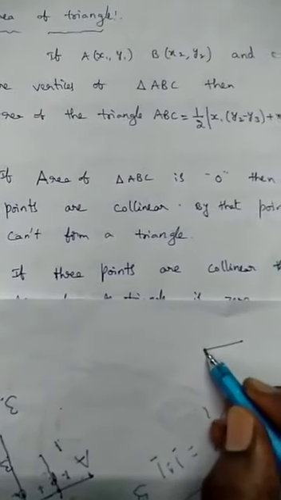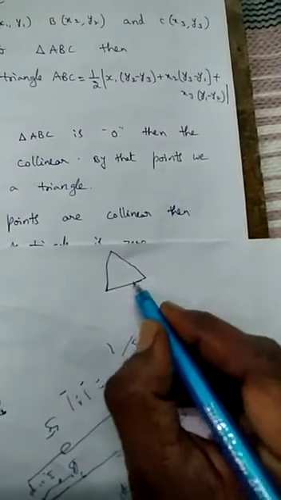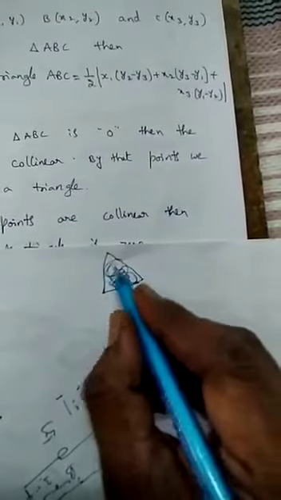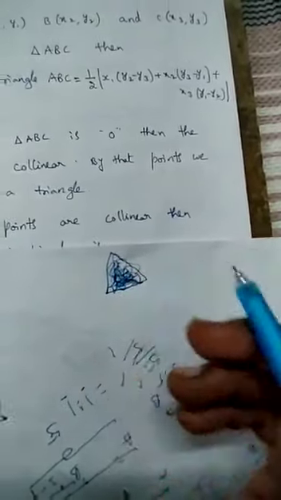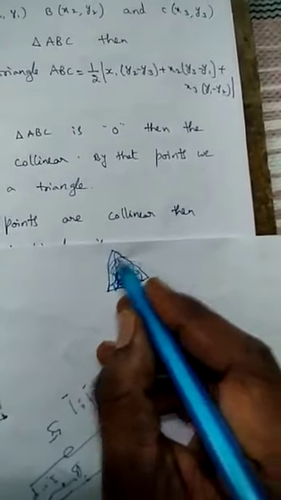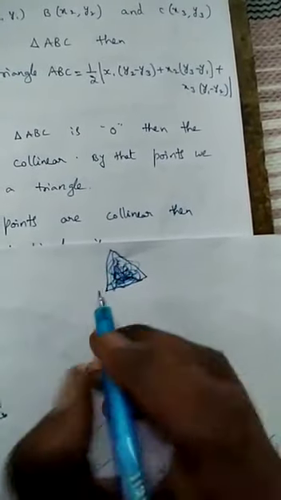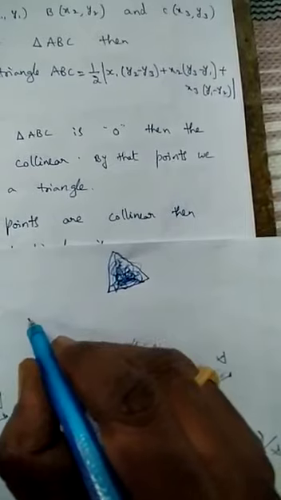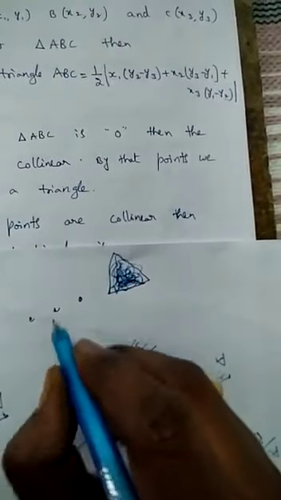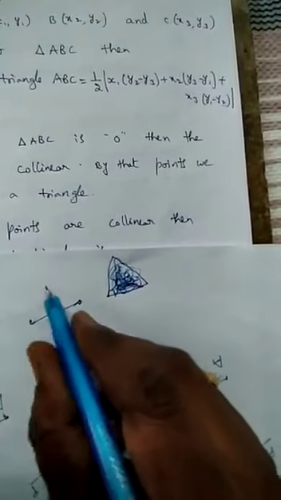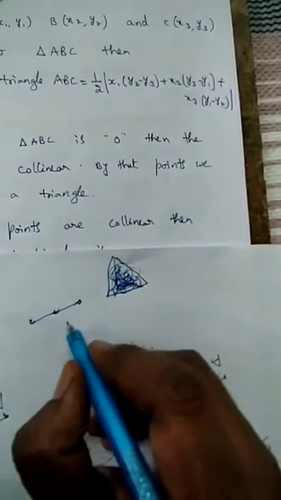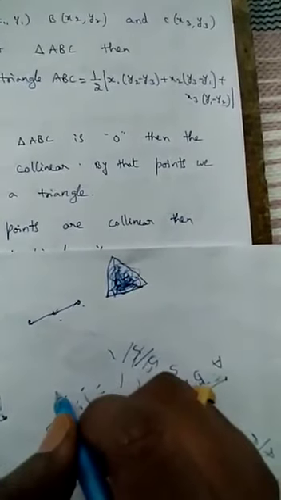A triangle has some area, which is the occupied space. But if the result is equal to 0, we cannot form a triangle by those points. Those points are said to be collinear. These are 3 points; join these two, join these two. So we cannot form a triangle using these 3 points. Such points are said to be collinear points.